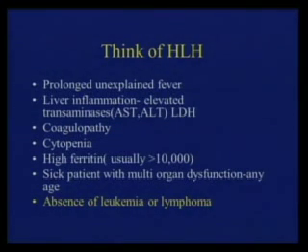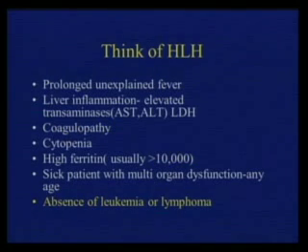So in summary, when you start thinking of HLH, you also think of macrophage activation syndrome. You think of macrophage activation syndrome when the patient already has a known rheumatologic condition, and the ones we discussed are lupus and systemic-onset JIA.